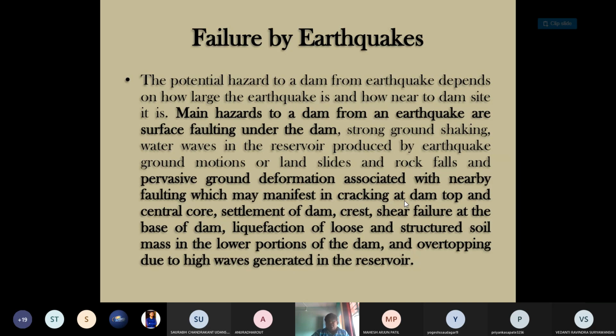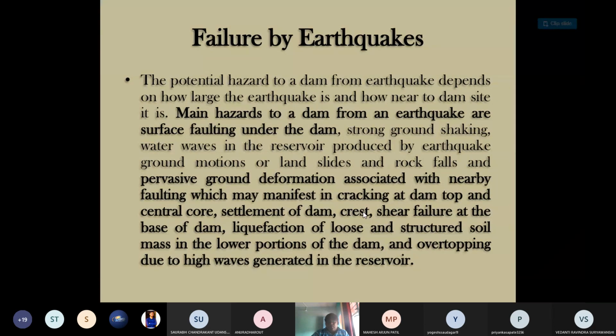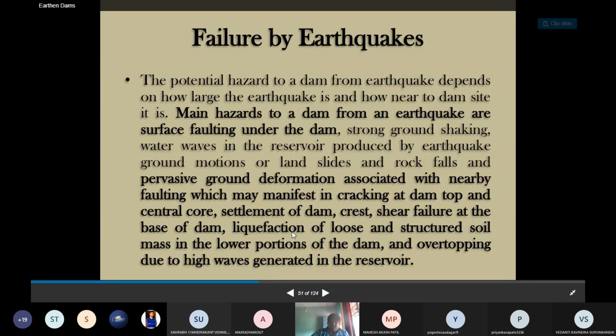Settlement of the dam takes place. Crest problems, that is, you have to observe settlement in the crest, shear failures at the base of the foundation, then liquefaction of the loose, unstructured soil mass in the lower portion of the dam may occur, and finally overtopping due to high waves generated in the reservoir.